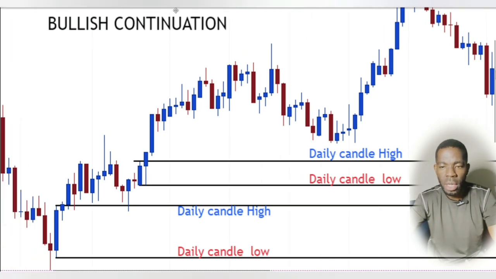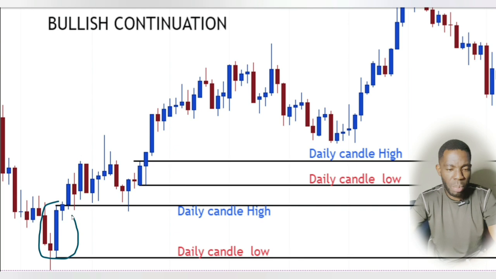As you can see here, this is a bullish daily candle, the big one. This is the first candle, the daily candle on the first day. This would be the daily candle on the second day, the next candle.